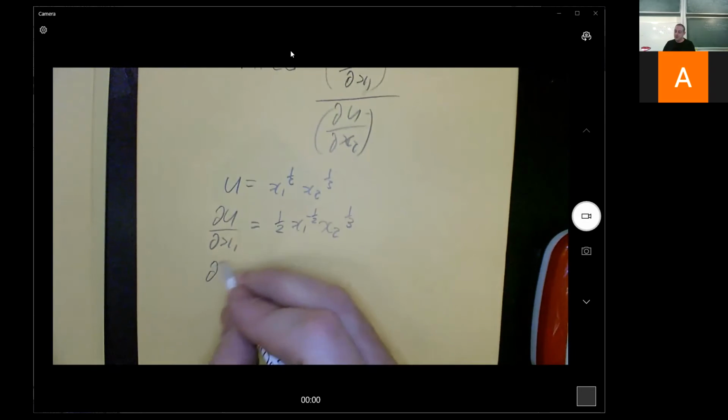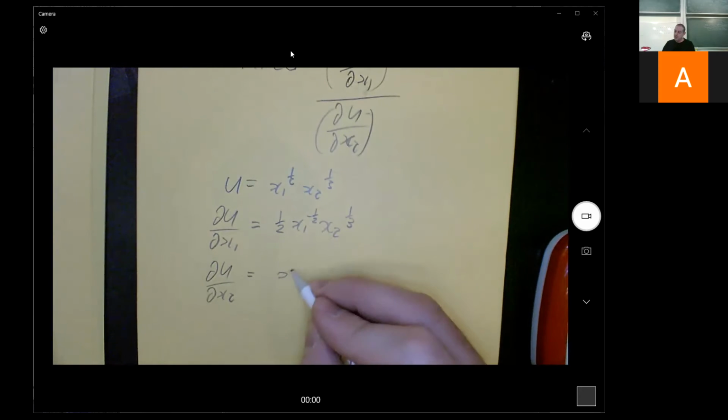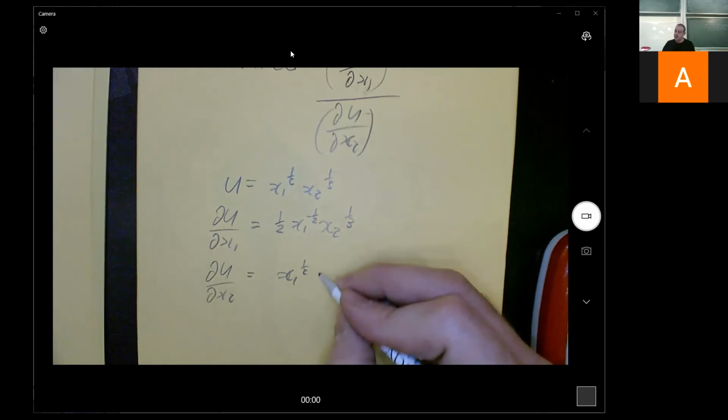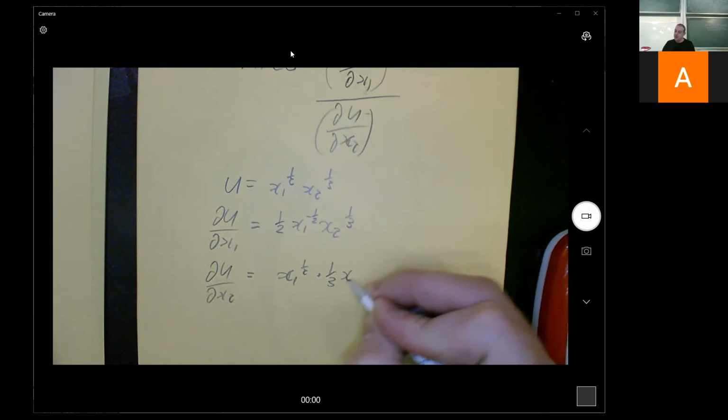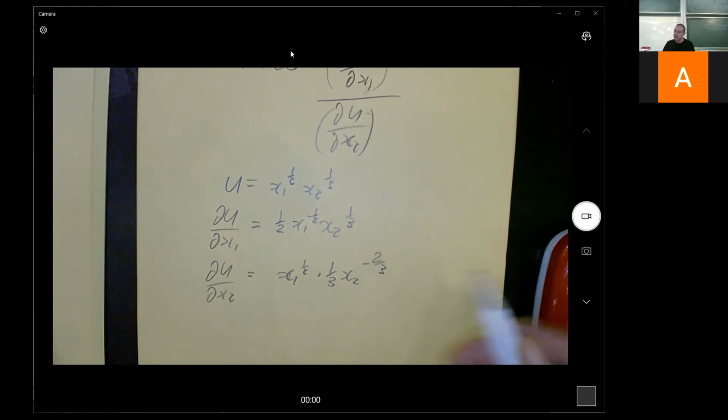And then the du on dx2, the x1 to the half is a constant now, multiplied on, so it'll still be there. And then we'll have 1/3 x2 to the minus 2/3, because 1/3 minus 1 will be minus 2/3.